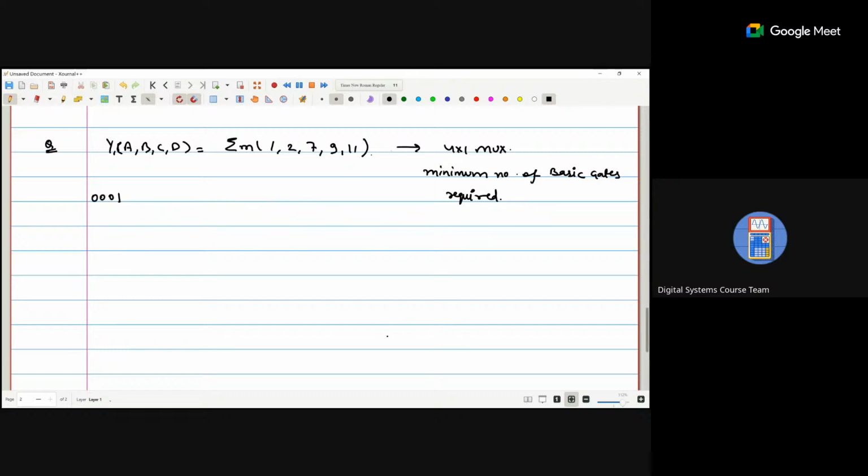0 0 0 1, 0 0 1 0, 0 1 1 1, 1 0 0 1, and 1 0 1 1.